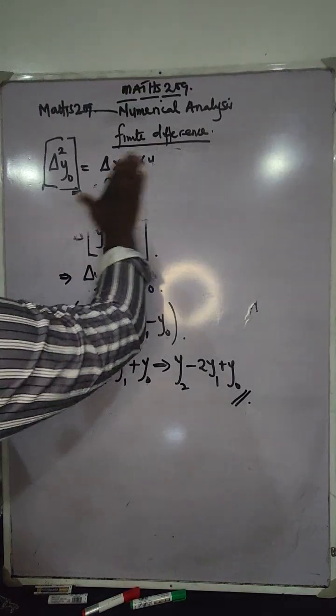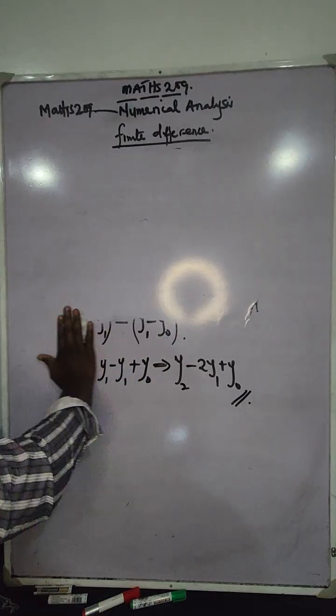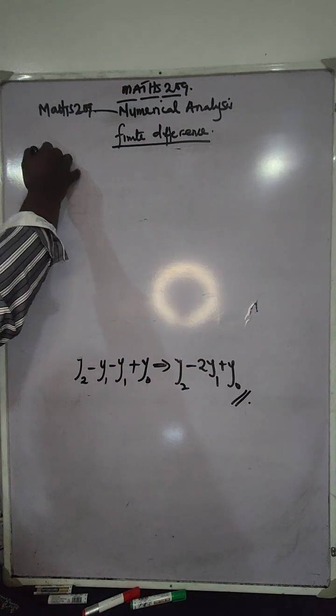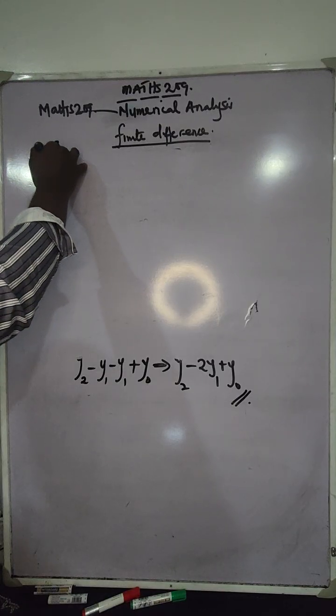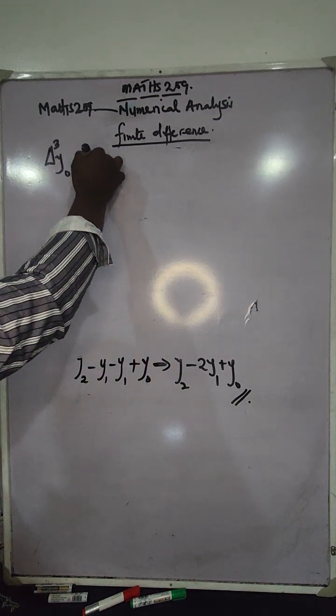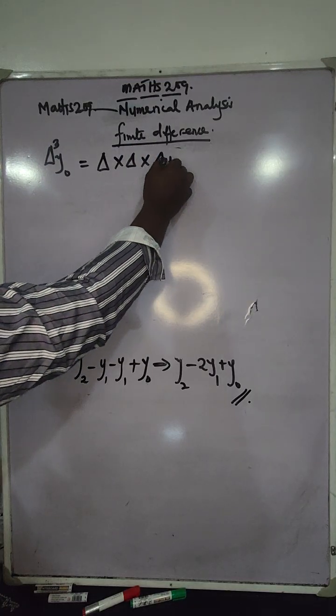If we were asked to give an account of the forward difference cubed of y naught, what would we have said? We would have been able to say that the forward difference multiplied by the forward difference multiplied by the forward difference of y naught.